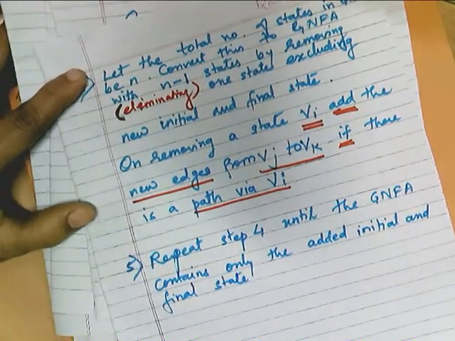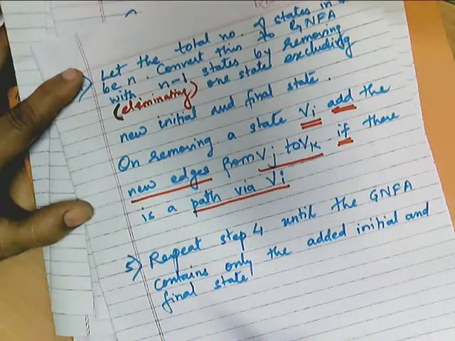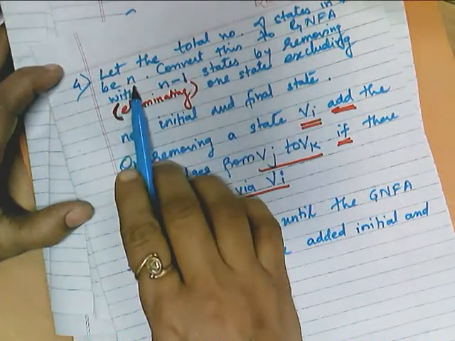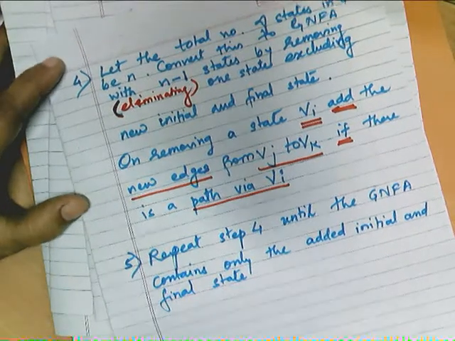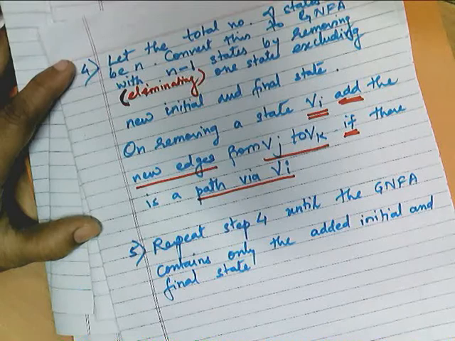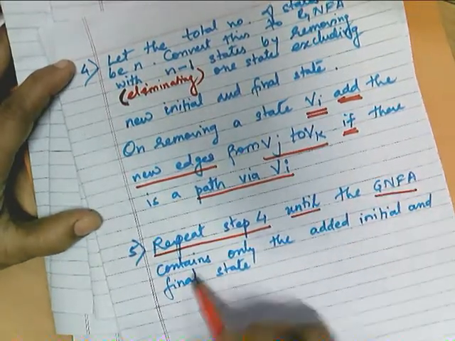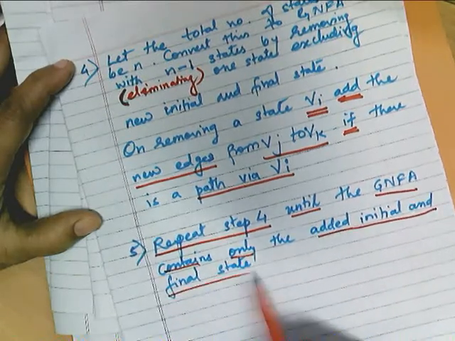That means in the original DFA all the states should be removed. Okay, so we have to repeat this. As I have told you, if there are n states, then accepting the added initial and final state, all the states need to be removed. So you have to repeat step 4 until GNFA contains only the added initial and final state.